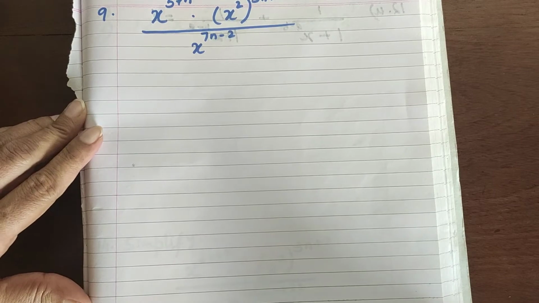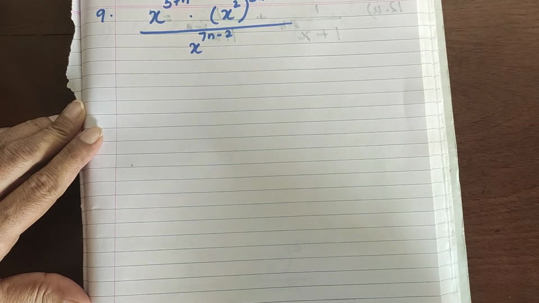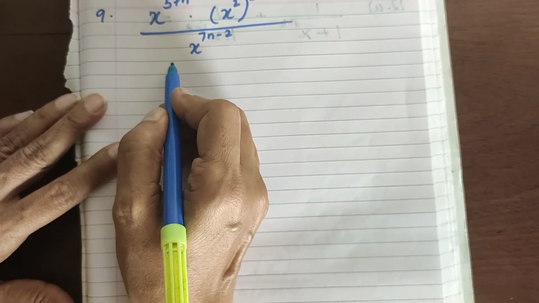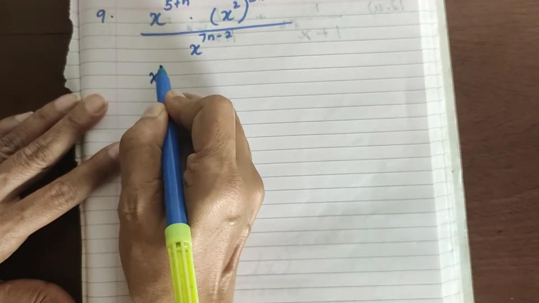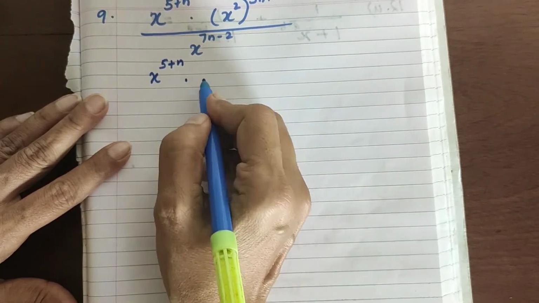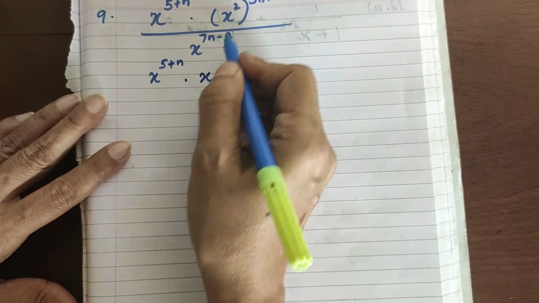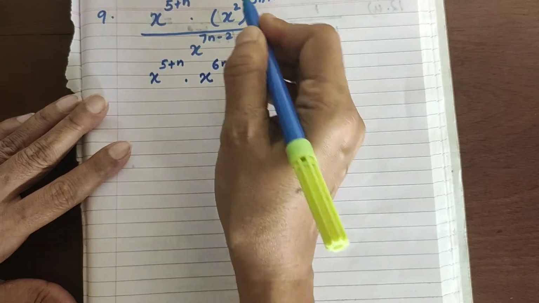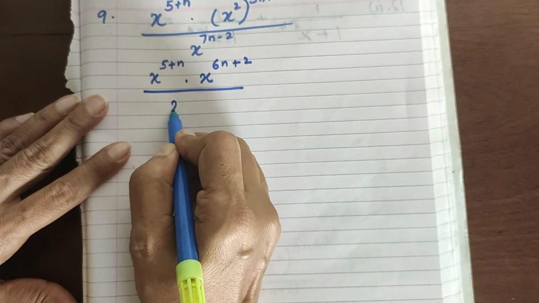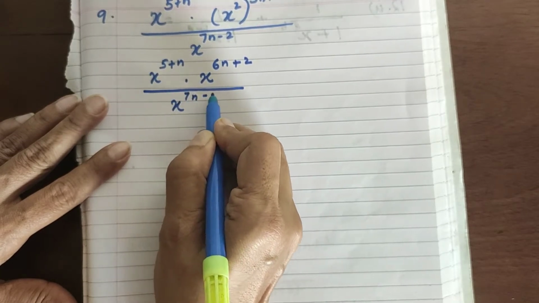It means find the value or solve it however you can. So x to the power 5 plus n multiplied by, here I will open the bracket, so it becomes 2 into 3 is 6n, 2 into 1 gives you 2 upon x to the power 7n minus 2.